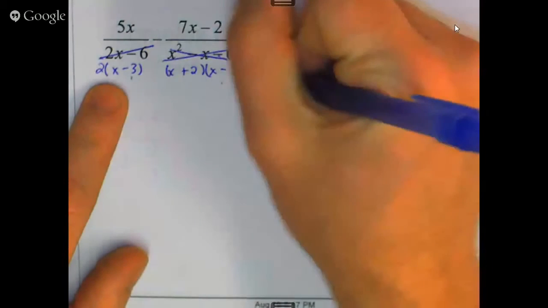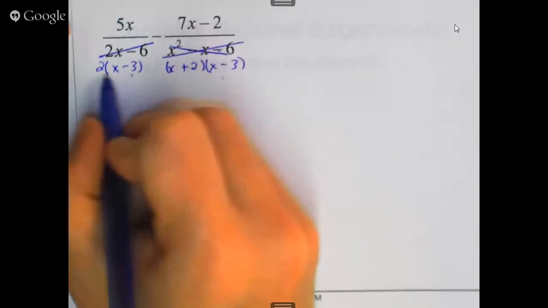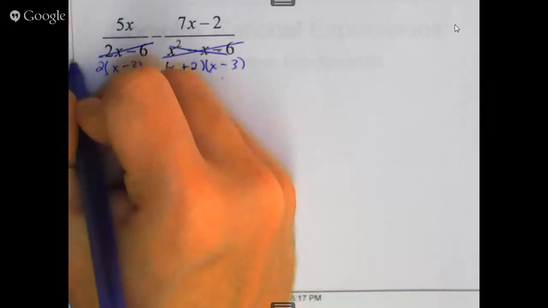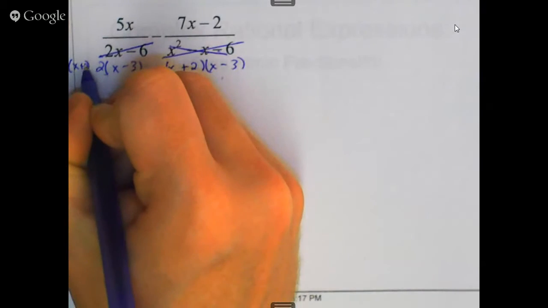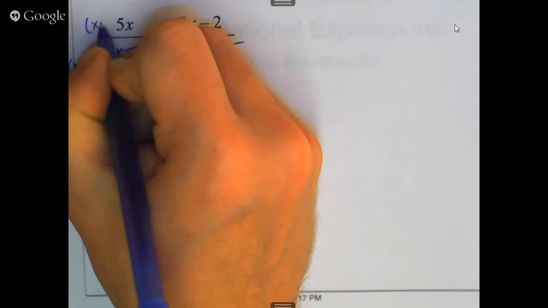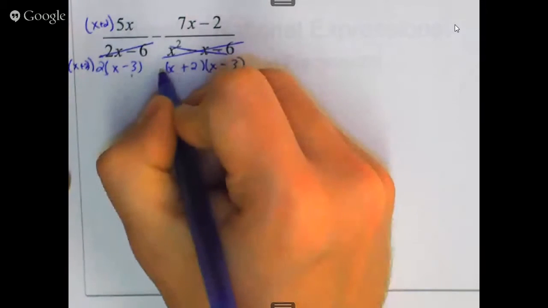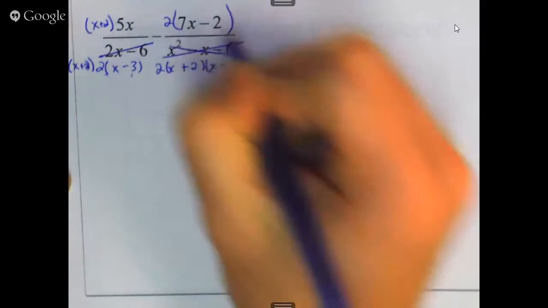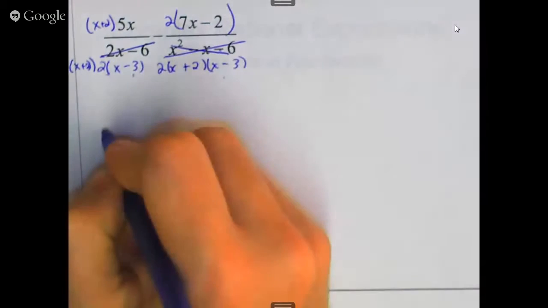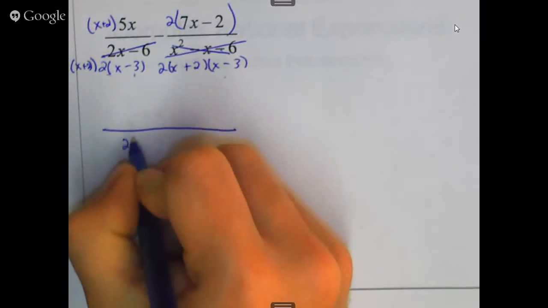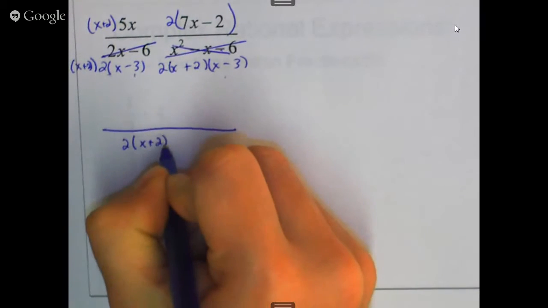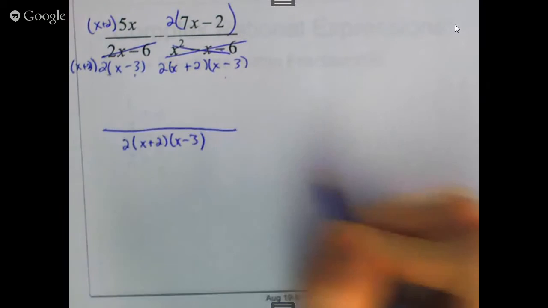So I'm just going to multiply by what is missing. So this one over here is missing the x plus 2. So x plus 2, x plus 2. Then this one's missing the 2. So 2, 2. So I'll write my common denominator, which is 2, x plus 2, x minus 3.